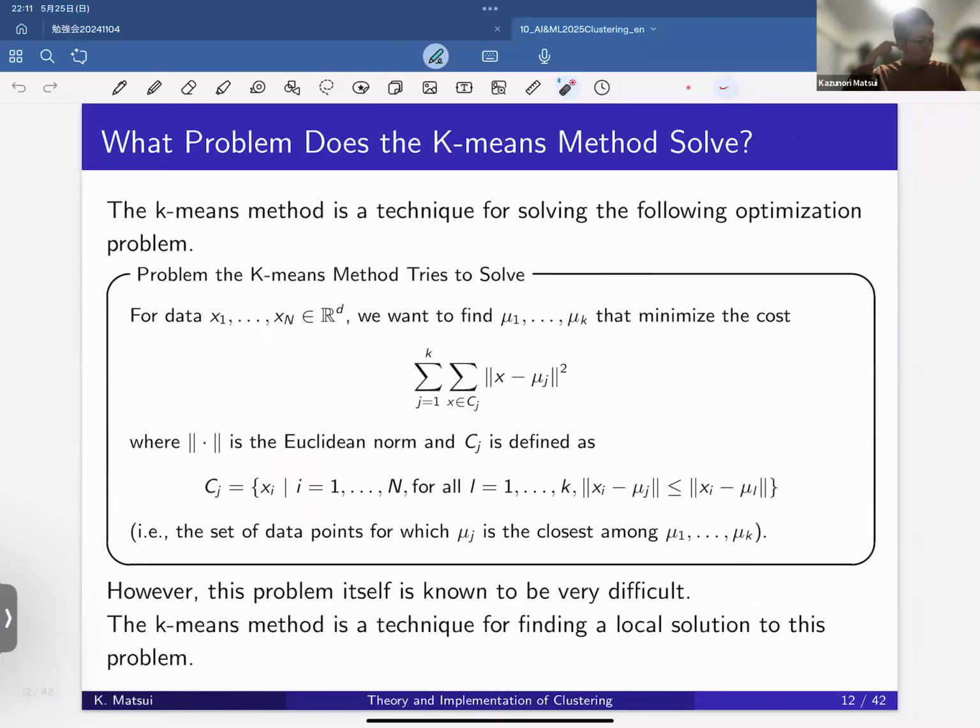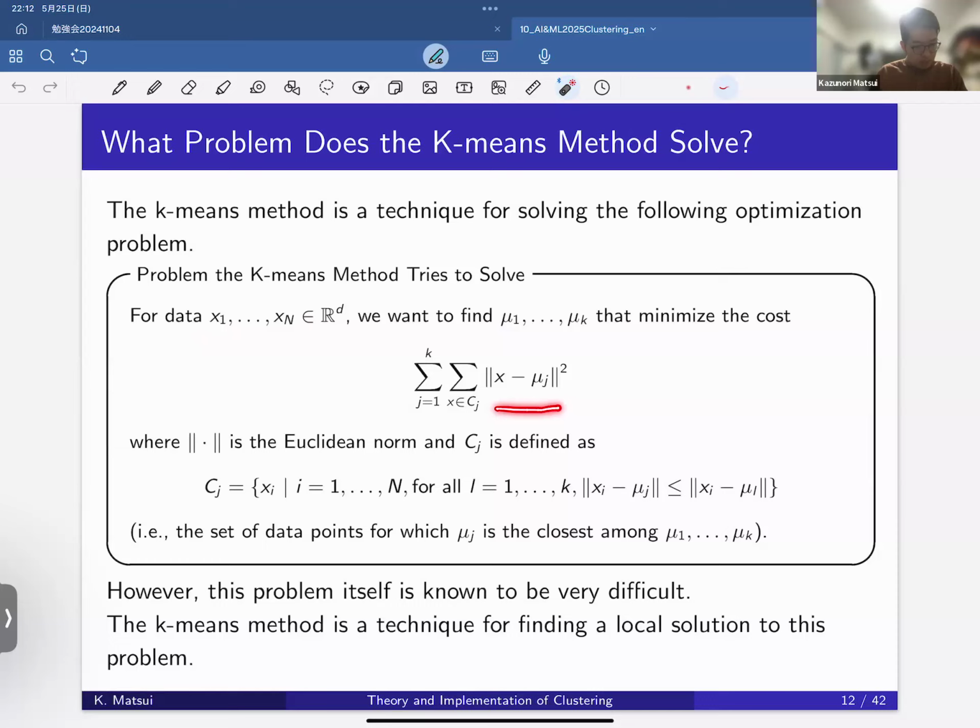I suddenly introduced the algorithm, but let me talk about what the k-means method is basically doing. The problem being solved is this. When data is given, there is a set defined by centers of gravity mu1 through mu k, and we calculate the distance between those and the data points.